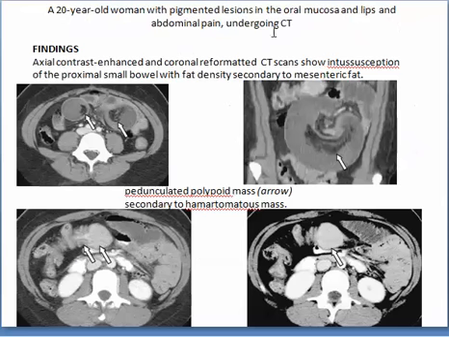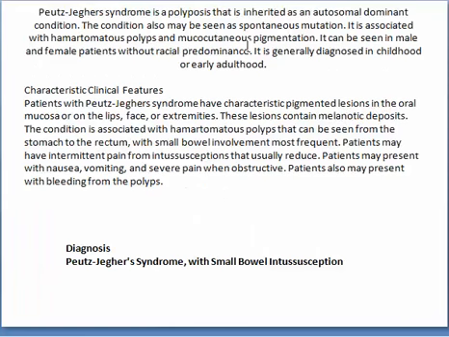The woman has pigmented lesions in the oral mucosa and lips. So the presence of pigmentation and the presence of polyp suggests the diagnosis of Peutz-Jeghers syndrome.